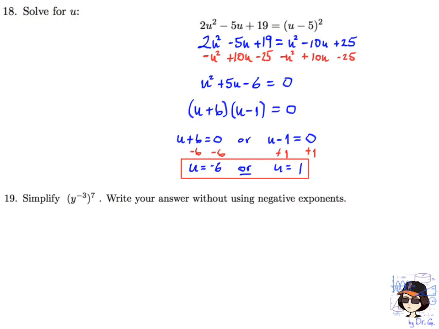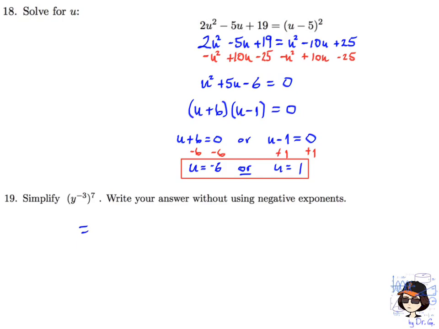Let's do number 19. This one just says simplify y to the negative 3 raised to the 7. And we have to write our answer without negative exponents. So this is the power property of exponents. We're taking a power of y and raising it to another power. So the way to deal with that is to multiply those two exponents.